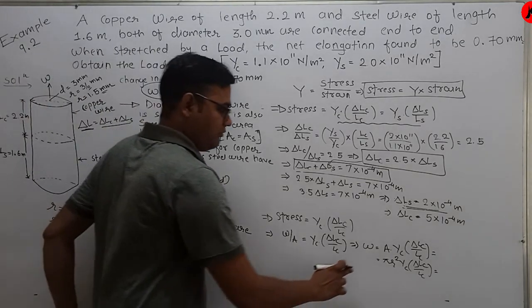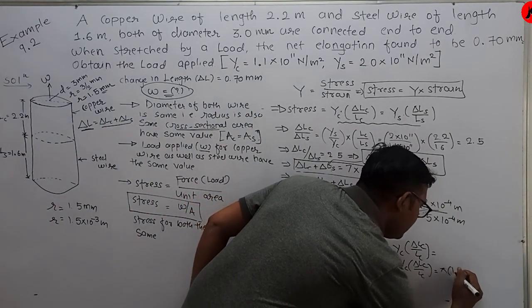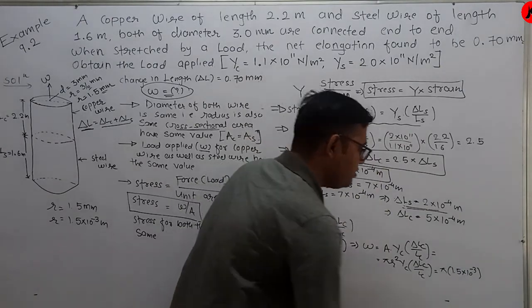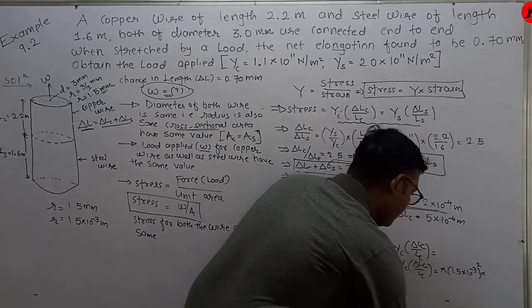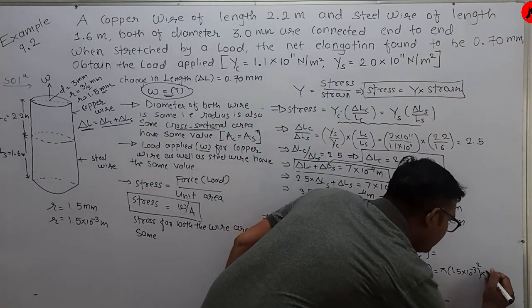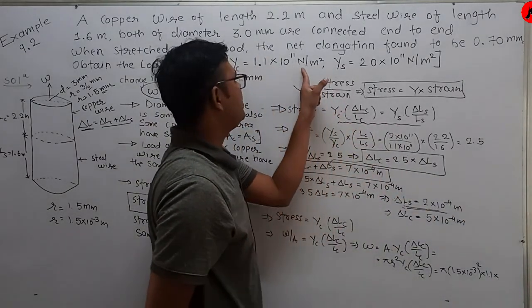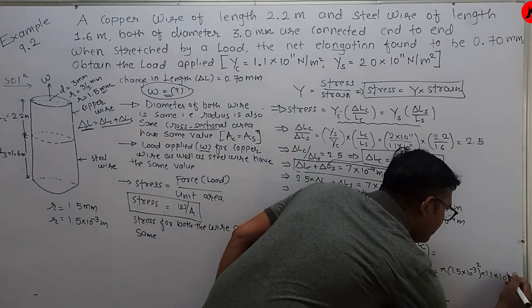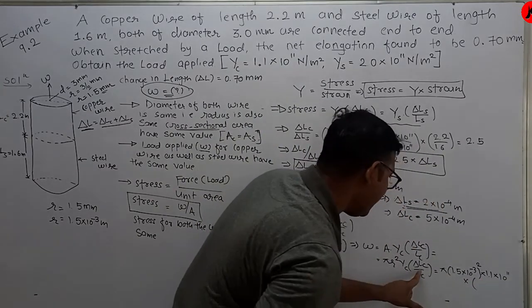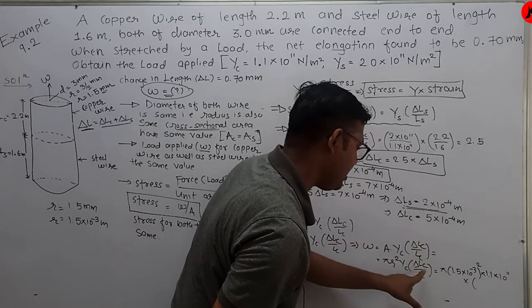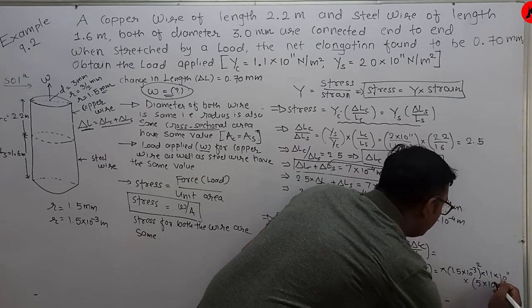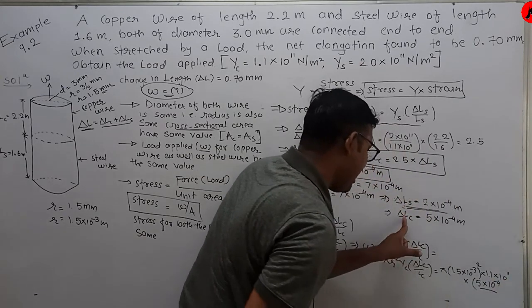So put the value of radius 1.5 into 10 raised to minus 3, square of r, into YC, which is given as 1.1 into 10 raised to 11, then delta LC that we have calculated, 5 into 10 raised to minus 4, divided by LC.